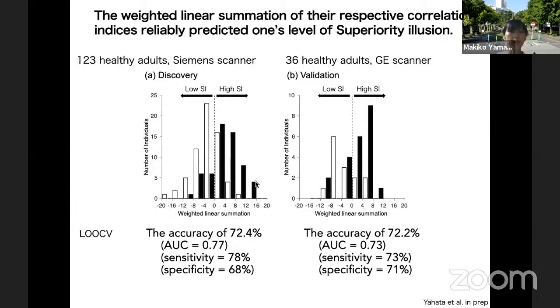This classification schema was generalized to an independent data set obtained from 36 healthy adults scanned by GE, with an accuracy of 72.2%, which is a pretty good estimation.